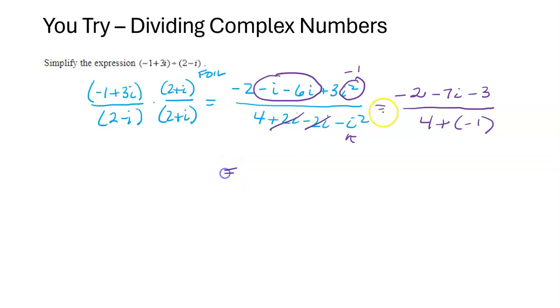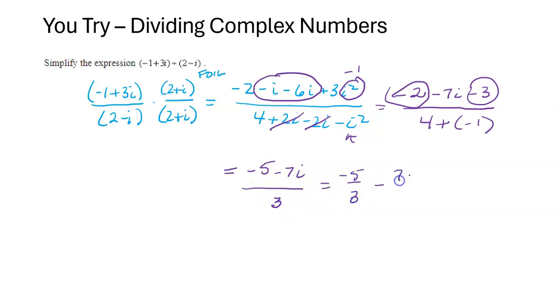So let's continue. Negative 2 minus 3 gives me negative 5 minus 7i over, this is 4 minus 1, which is 3. So you can leave it like this, or you can do this. That's a 3. My handwriting is atrocious. Either way, this one or this one. Next.